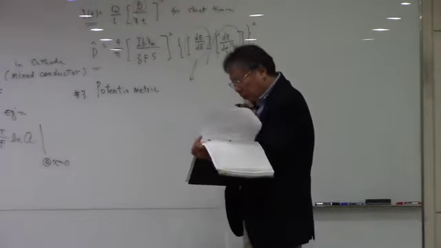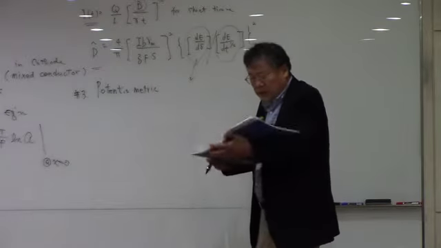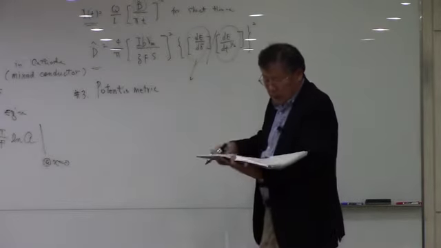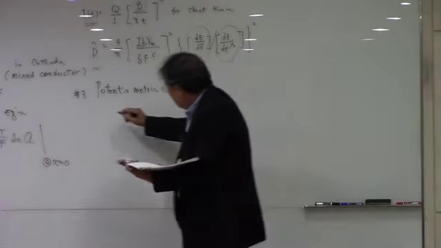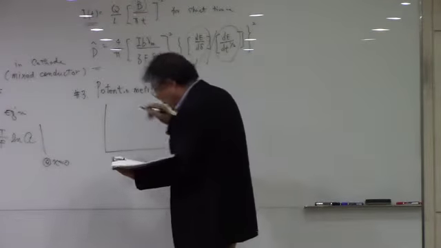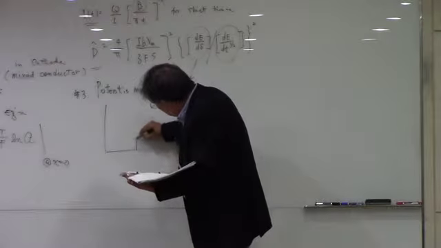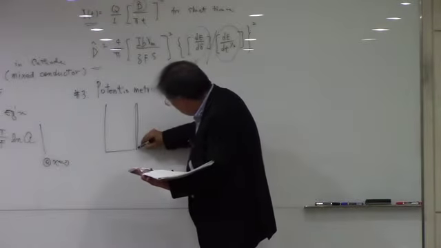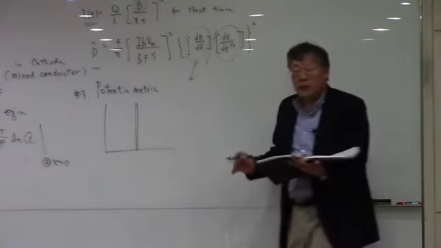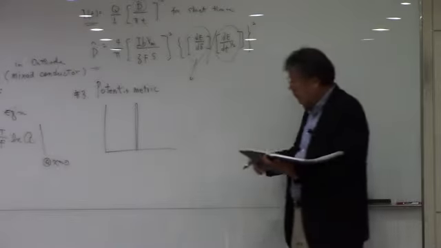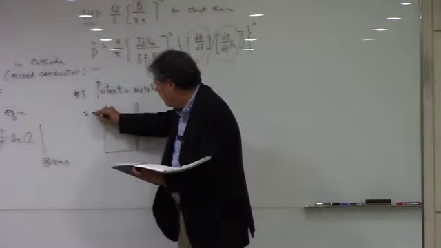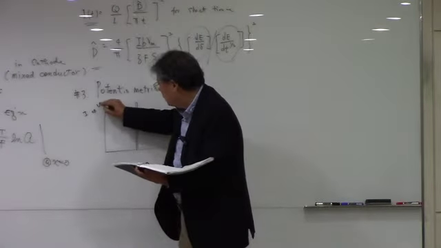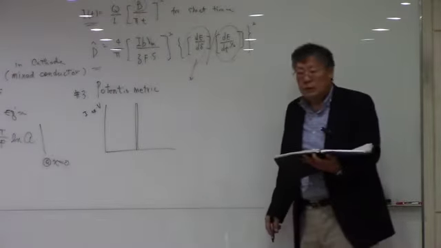Potentiometric method is basically the potentiostatic method, but you are going to apply the voltage for a very short period of time. You can apply the current or voltage, either will do.